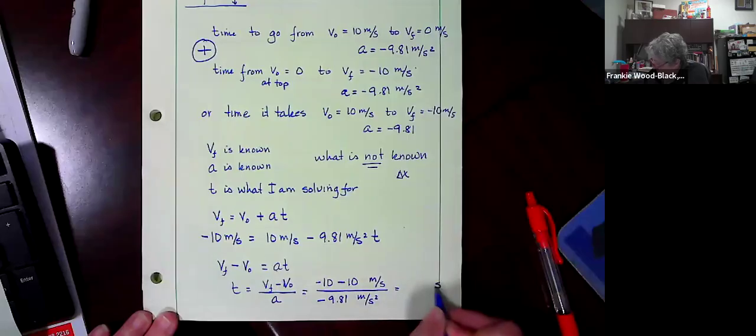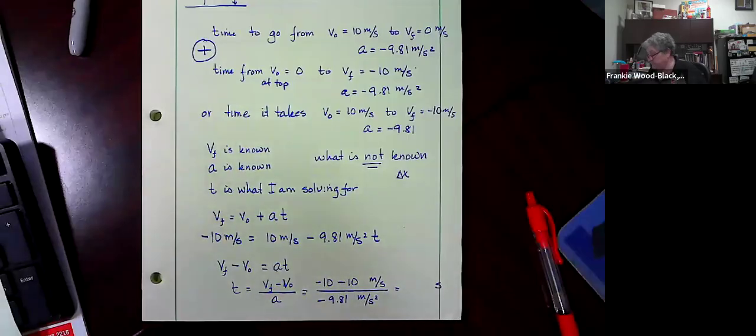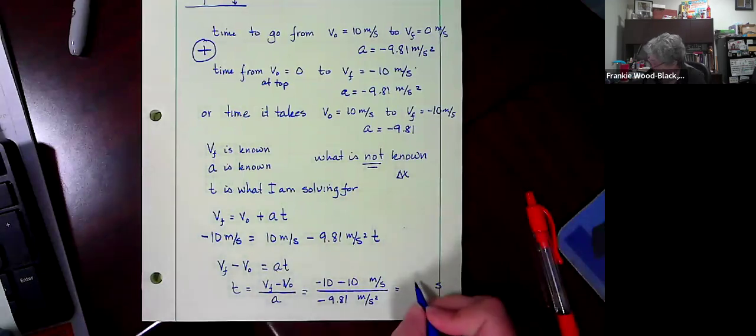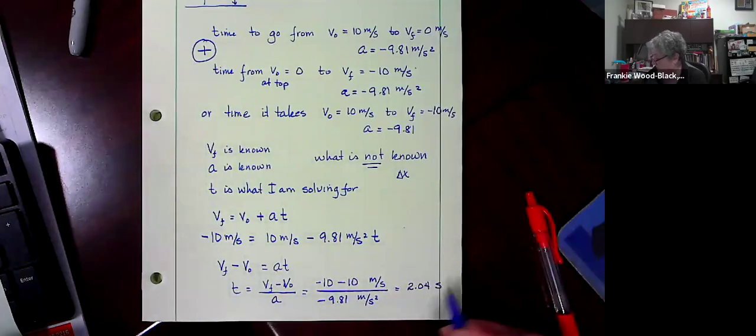I end up in seconds, which is what I want. So I get minus 20 divided by minus 9.81, and the total time is 2.04 seconds.